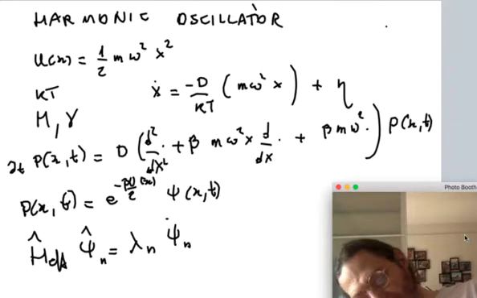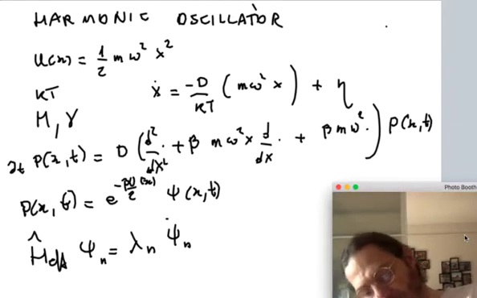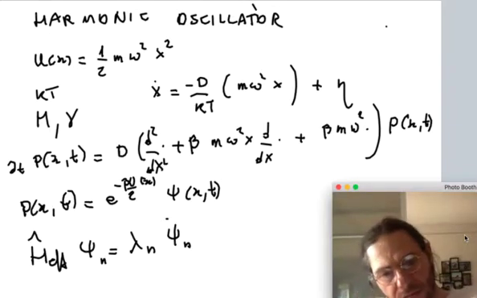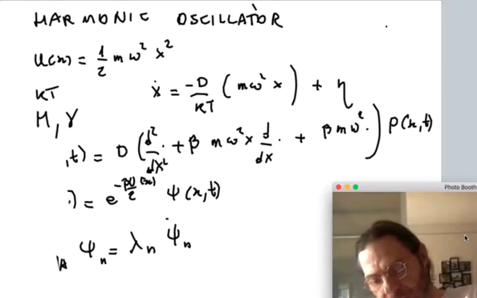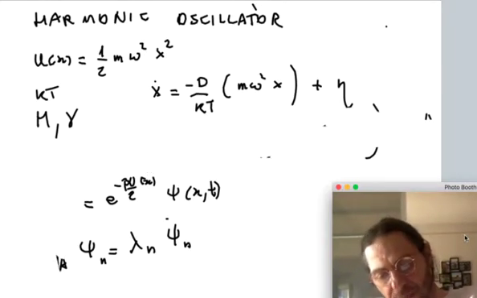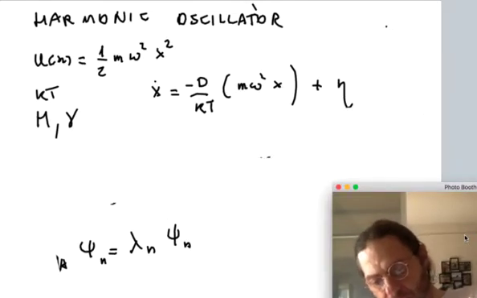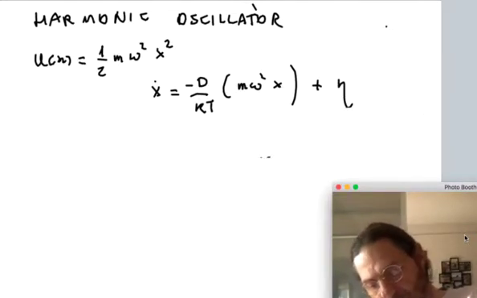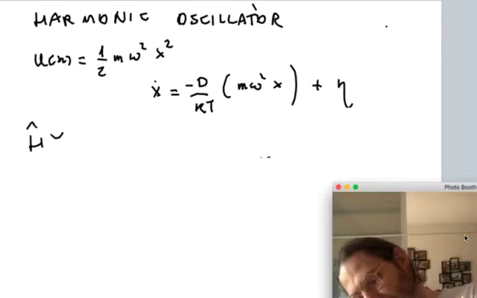So that's the problem we want to solve, where the effective Hamiltonian is written, let me write it here. The problem we want to solve is H psi n equals lambda n psi n.